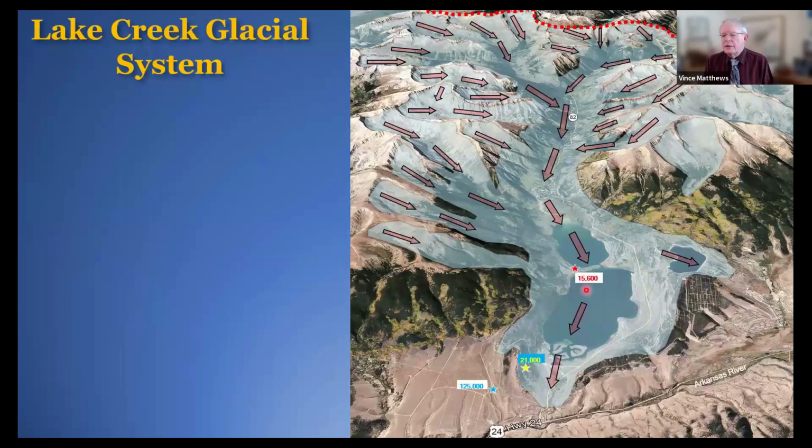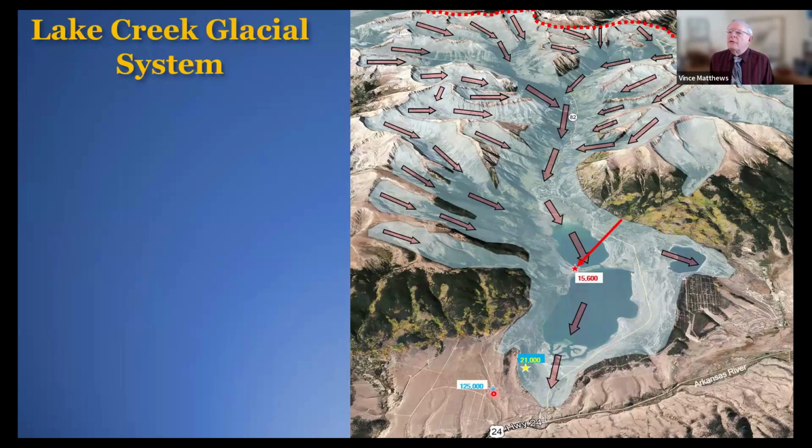Okay, so here's this cosmogenic nuclide dating that was done, the Bull Lake moraine that we saw just previously, located right here. And here's this 21,000 year date on the terminal moraine here that's at this point about 400 feet above the level of the lake. And here's this 15,600 here.